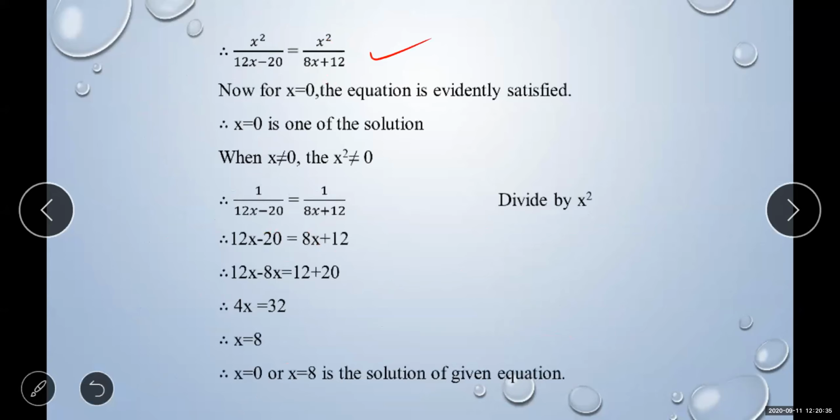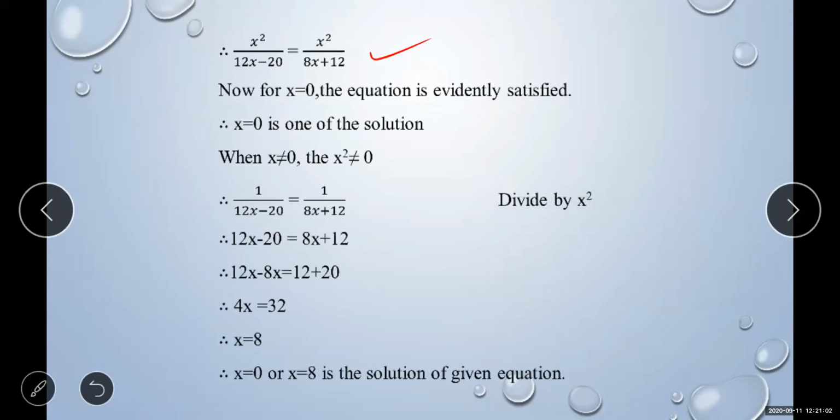Okay. Now as we wanted to find out the value of x, suppose we are considering x is 0. First of all, we are not finding the value directly, but we are putting the value of x as 0. Just check it. Now for x equal to 0, the equation is evidently satisfied.